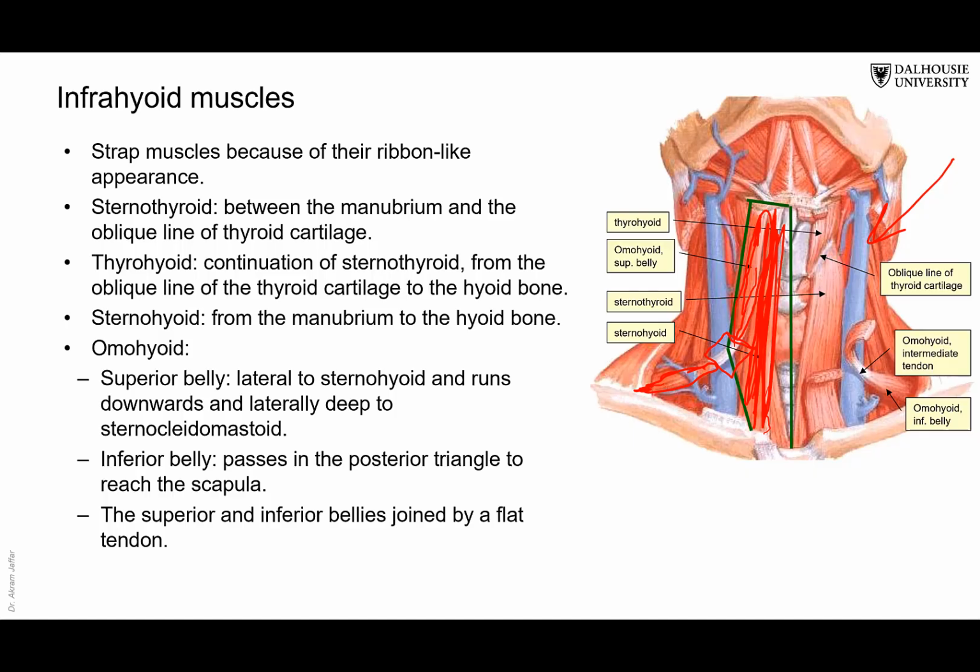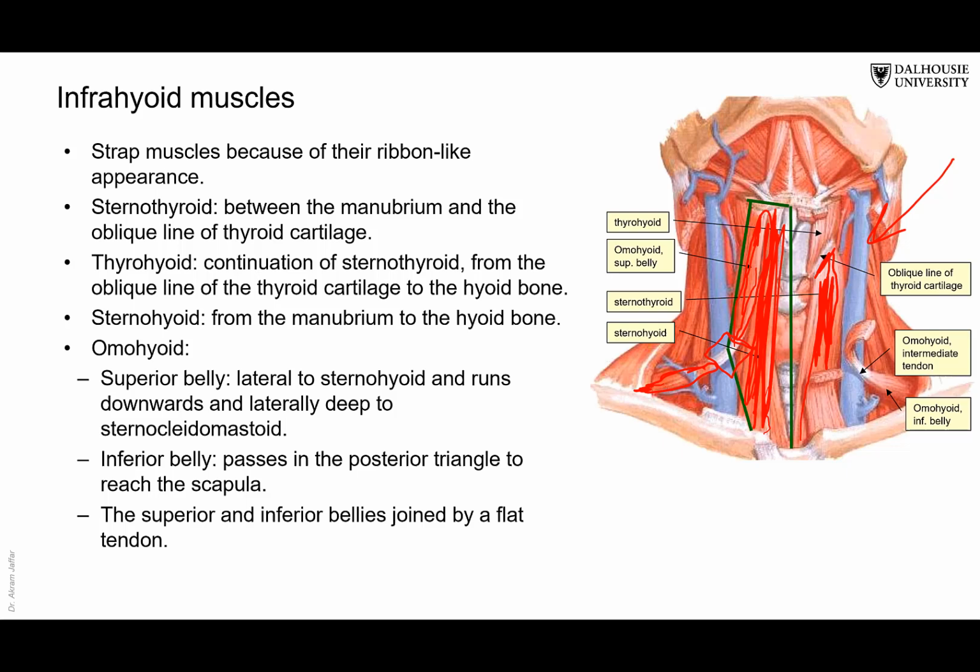So deep to it, you can see two muscles. The two muscles have the same destination as the sternohyoid, but there is one step in the middle. The first one here is the sternothyroid, because it's attached to the thyroid cartilage, to Adam's apple.